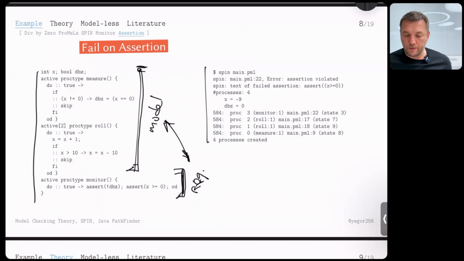So look what happened. I say spin, then I give my Promela script, and it says error, assertion violated. Assertion violated on line 22. I believe line 22 is this. And it says 4 processors. Remember, we had 4 threads. So it says 4 processors.